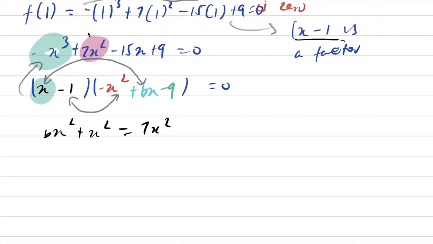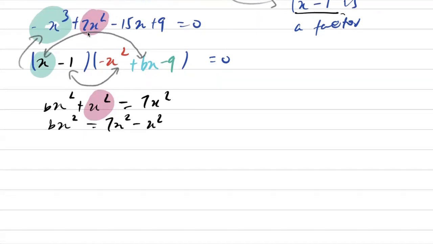So we take this quadratic x squared to the other side, it will be minus. So bx squared equals 7x squared minus x squared, so bx squared equals 6x squared.